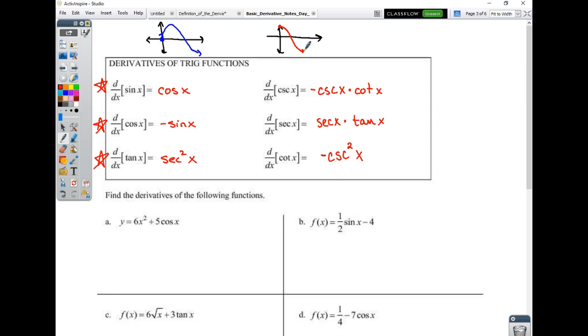If we think about the cosine versus the sine of x function, that will help you with the signs.